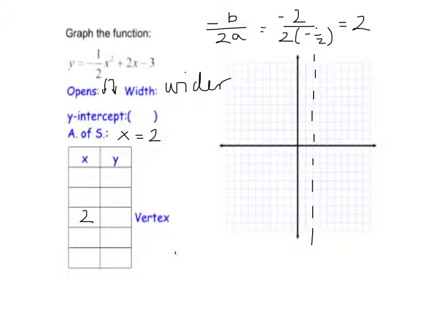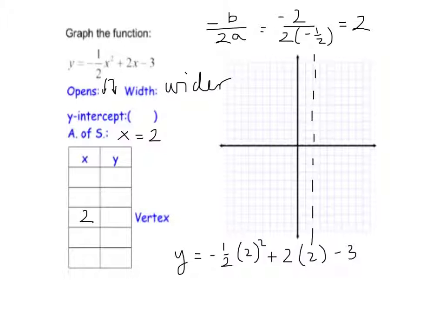And I'm going to substitute 2 in for x into the equation. Negative 1/2 times 2 squared plus 2 times 2 minus 3. 2 squared is 4, times negative 1/2 is negative 2, plus 4 gives me 2, minus 3 gives me negative 1.